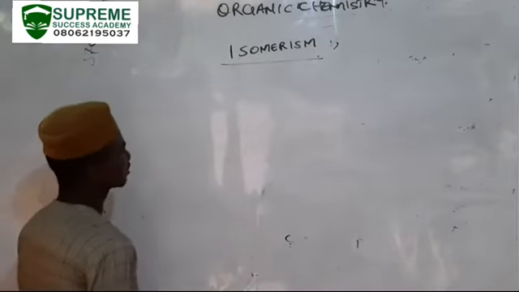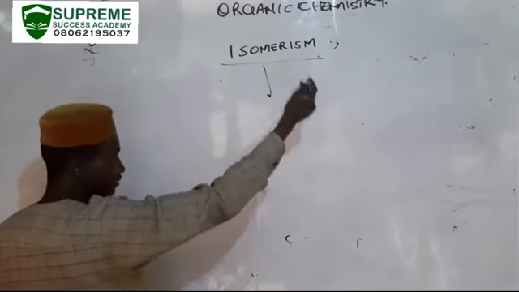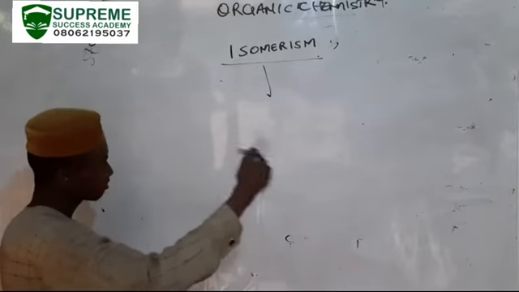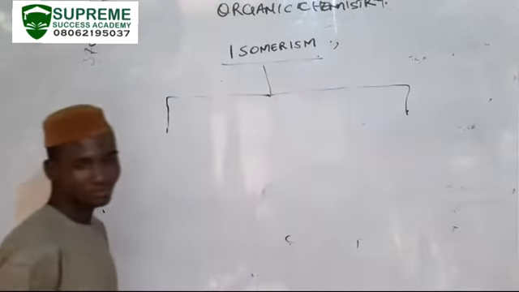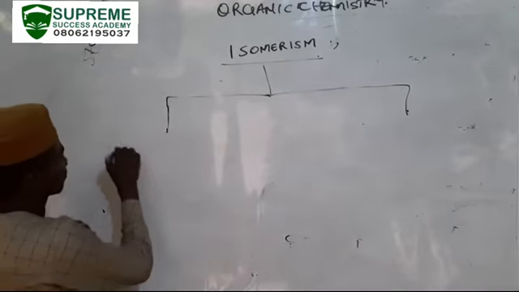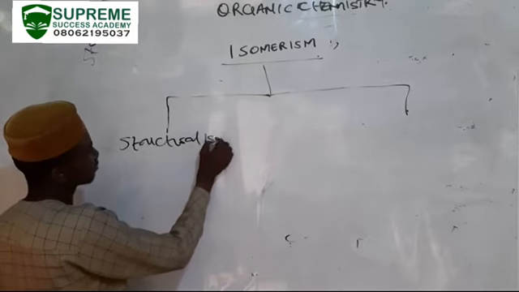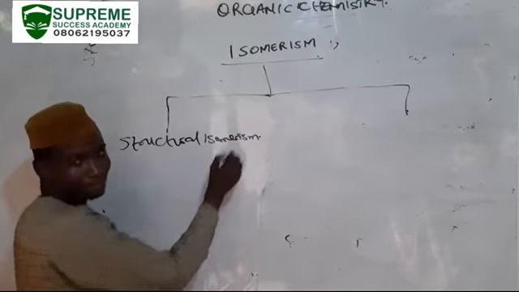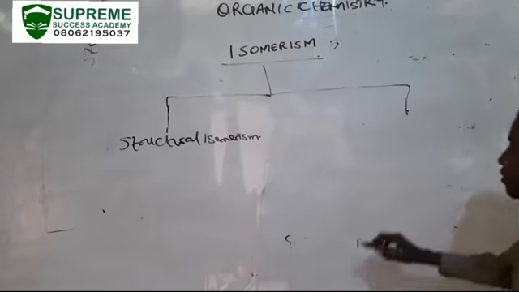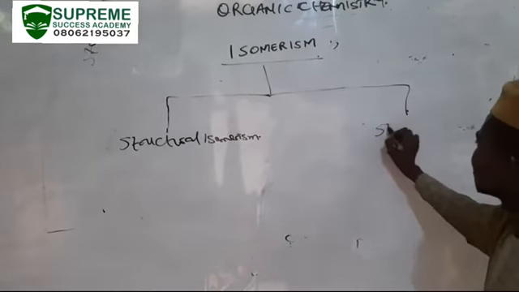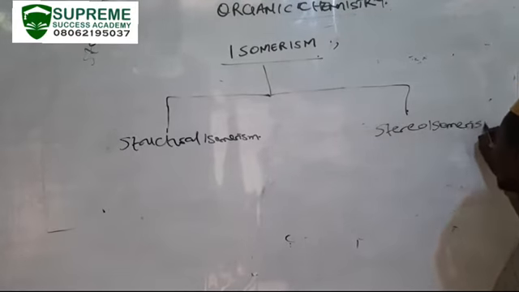Okay, classification of isomers. Isomers can be classified, or we can define isomerism, that is the phenomenon. It can be classified into two: we have structural isomerism and we have stereoisomerism.